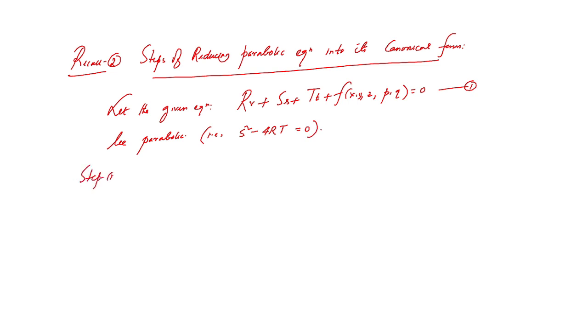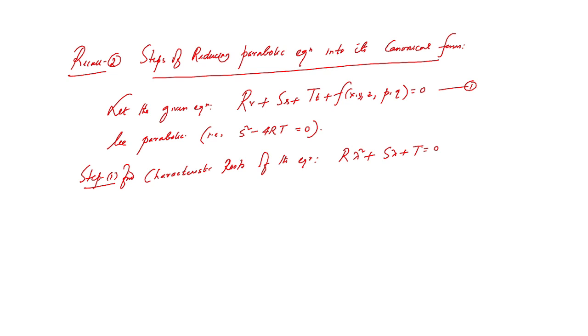So here step 1 is find the characteristic root of the equation R lambda square plus S lambda plus T equals to 0.